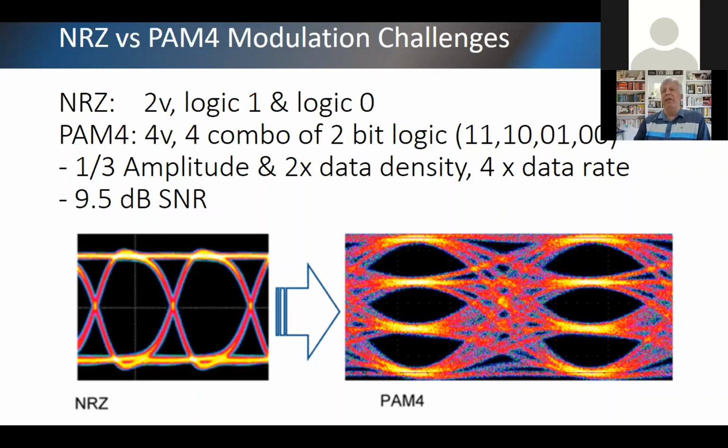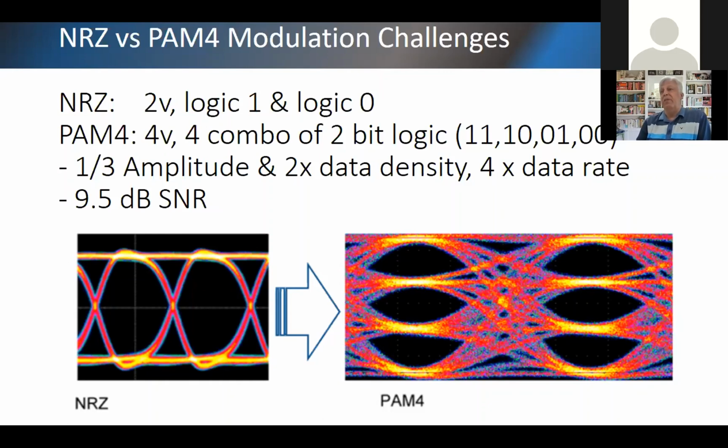In the 400 gig, everybody's moved over to PAM4 modulation. You can see there are 4 levels or 4 steps, and you have 1/3 of the amplitude, which translates into twice the data density and 4 times the data rate. So instead of a 1 or a 0, you can have 1 1, 0 1, 1 0, and 0 0.